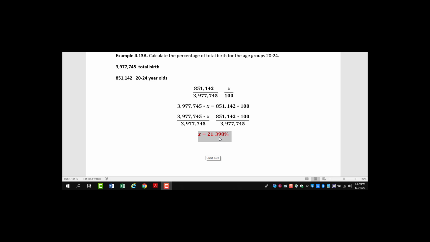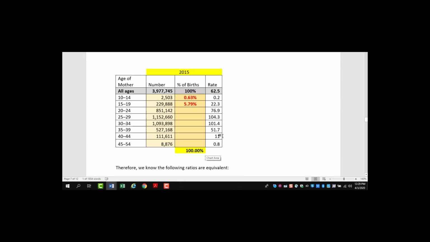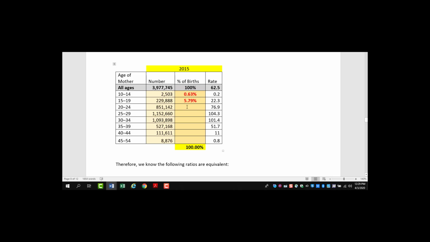So x equals 21.398%. Actually could put that in there. And of course we could do the rest of the same way.